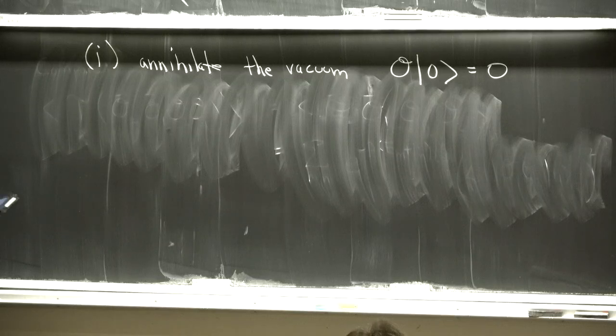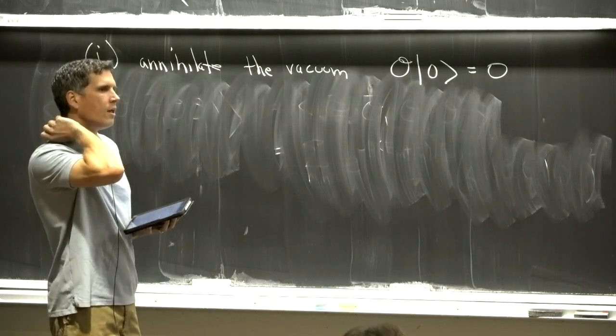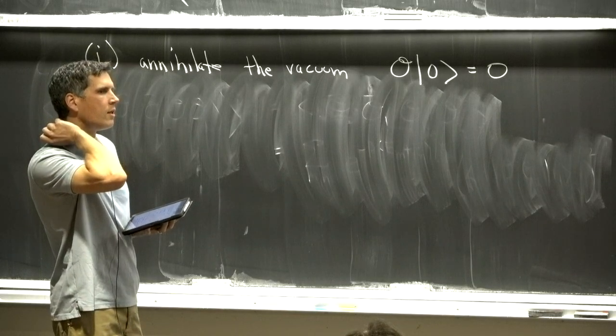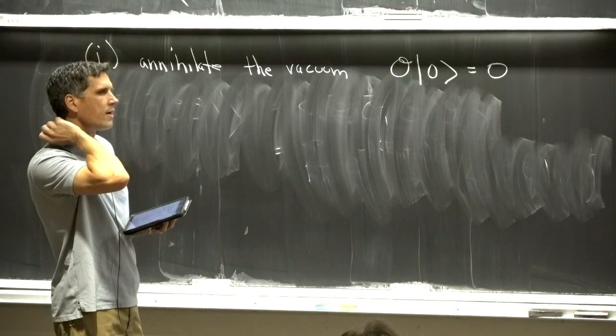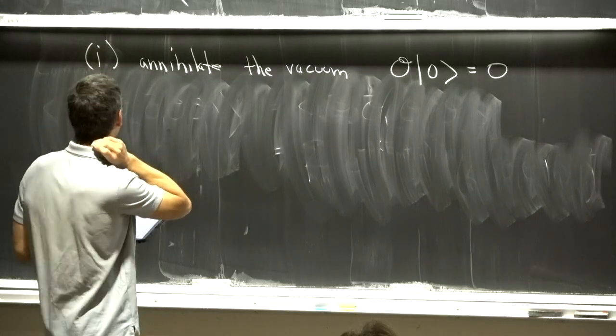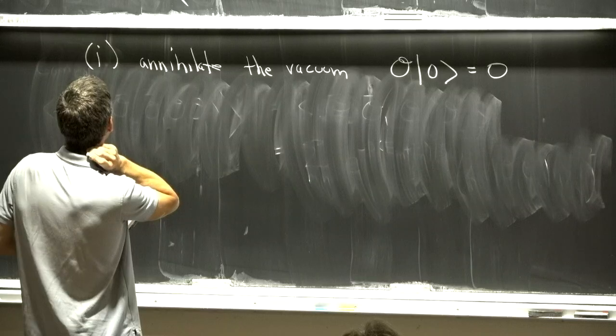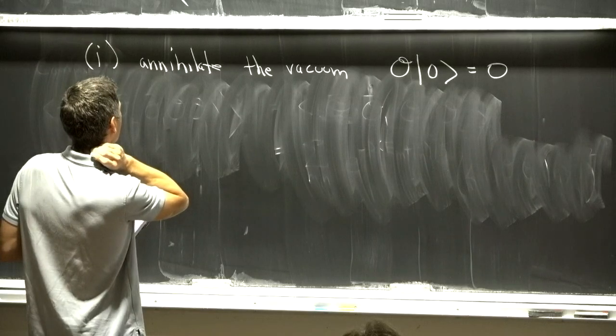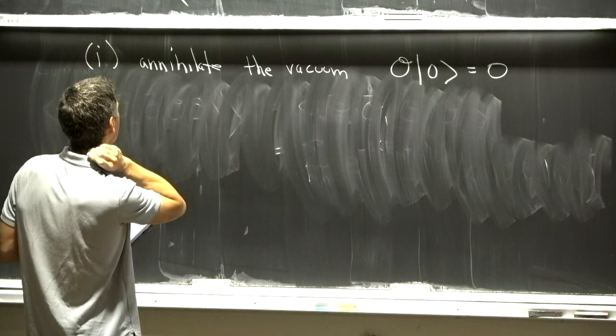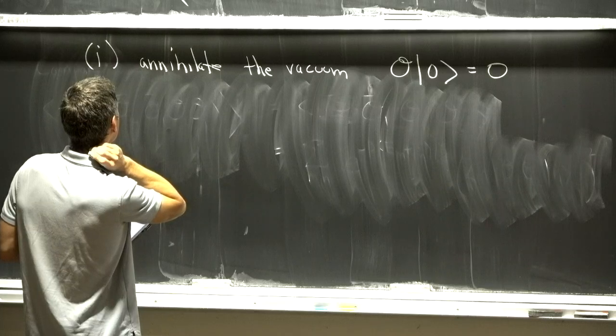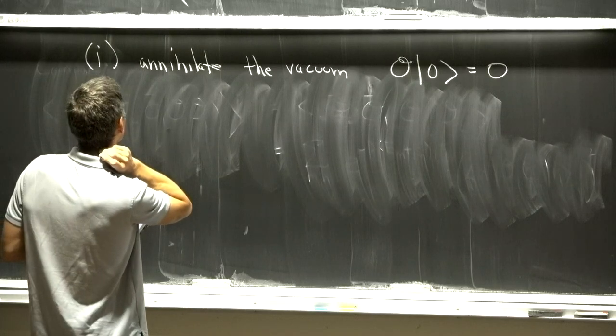If I take a positive operator and I add a positive constant, should that still be a positive operator? Yes. Does that bother you? Wouldn't that not annihilate the vacuum anymore?